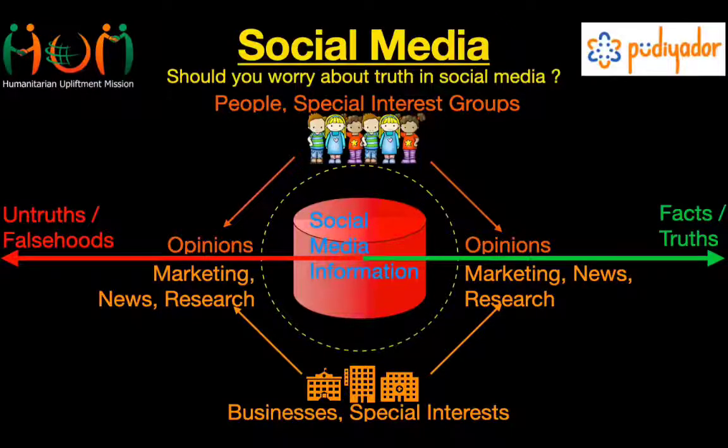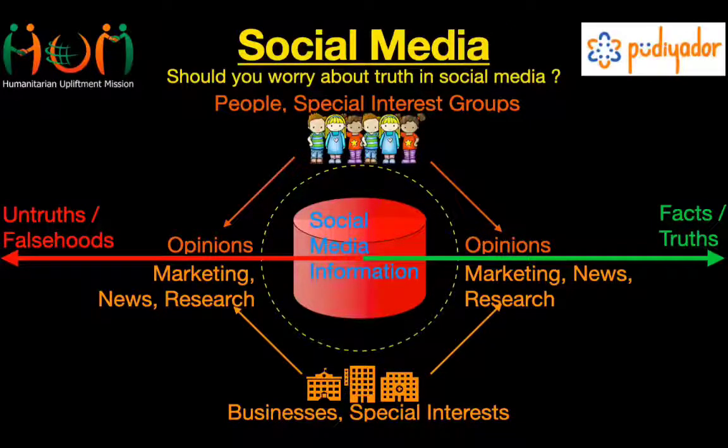On social media and the World Wide Web, if you do a search to see if the earth is spherical, you will find information that the earth is spherical. But if you look for information to see if the earth is flat, you will also see information that says the earth is flat. So that's one of the problems with social media. You have truth and facts, and you will also have untruths and falsehoods.